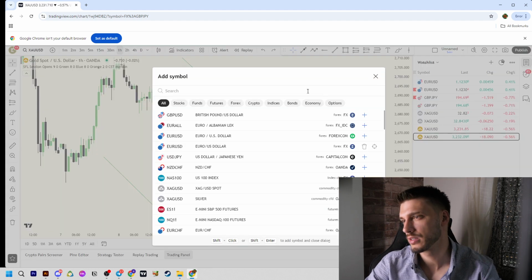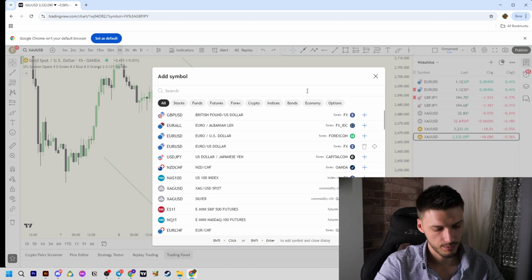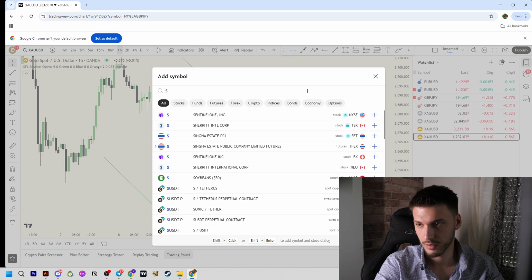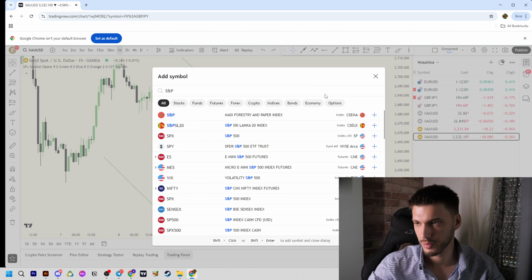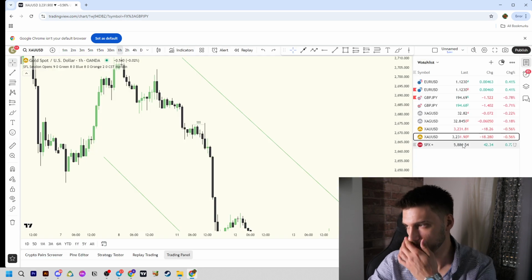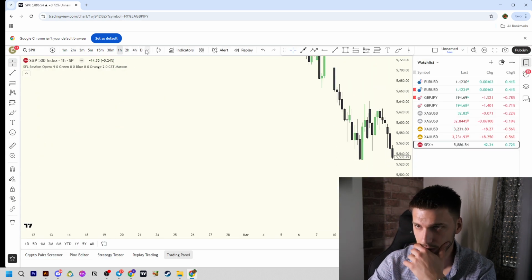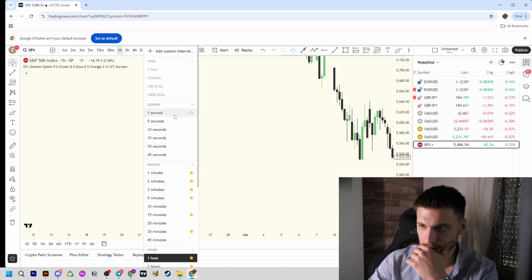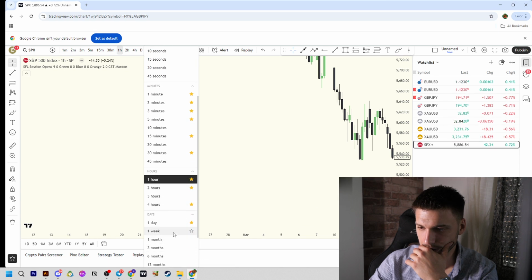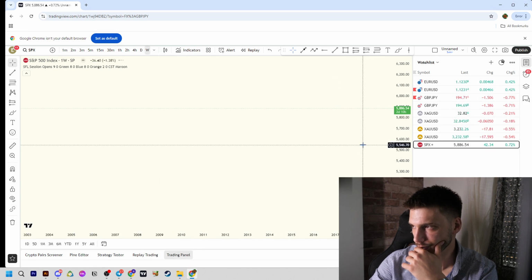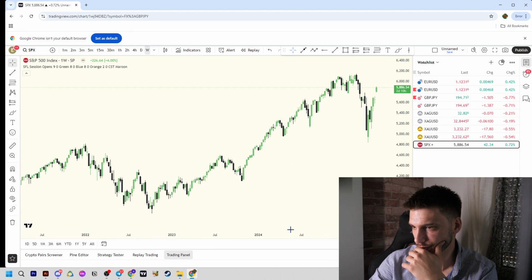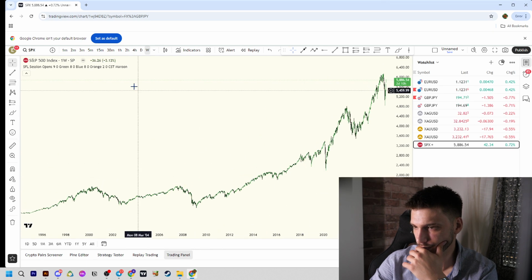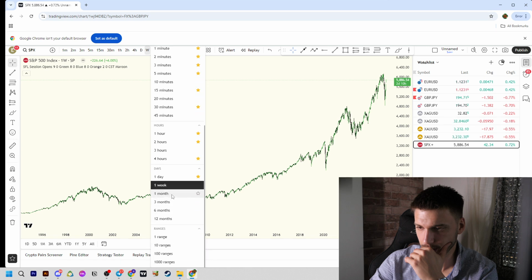Let me just show you guys this. For example, S&P 500. I just want to show you guys this real quick. I'm going to take the weekly chart. Actually, I'm going to take the monthly chart.